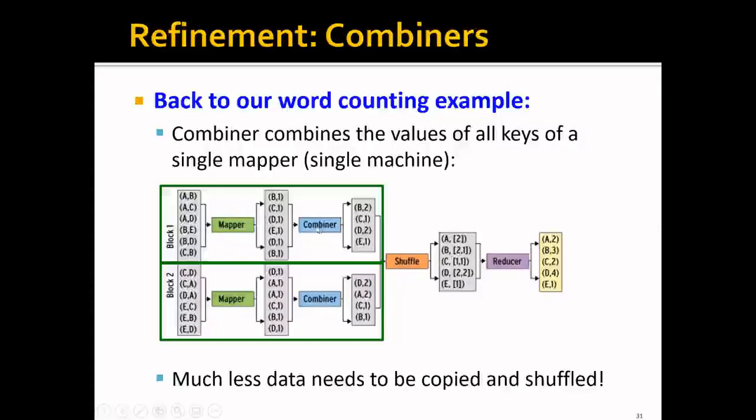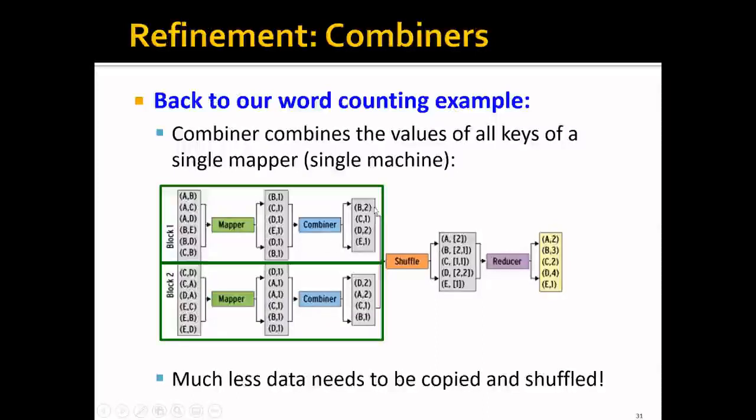And the combiner will just pre-aggregate things. For example, we have 2 key value pairs that are exactly the same, B and 1. So it's going to combine these two into one single key value pair. And this is done before the shuffling and group by key operation.